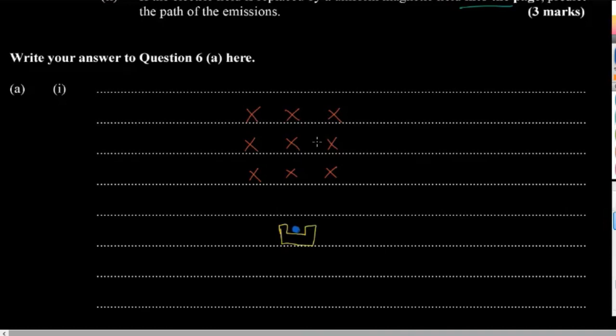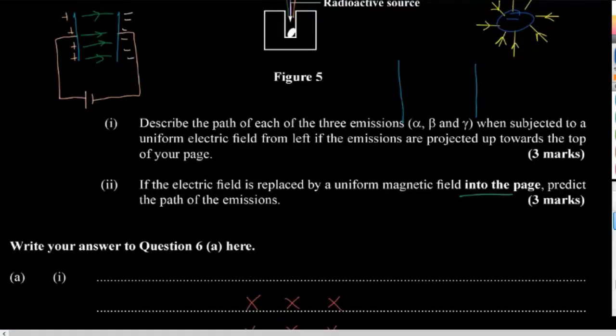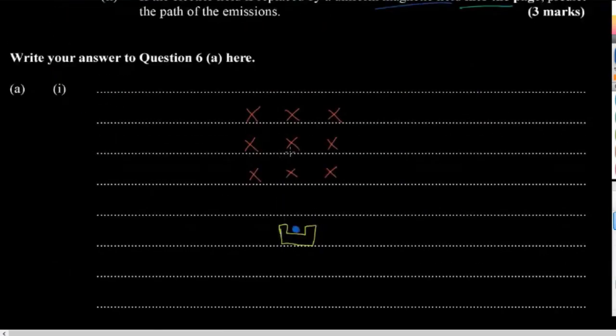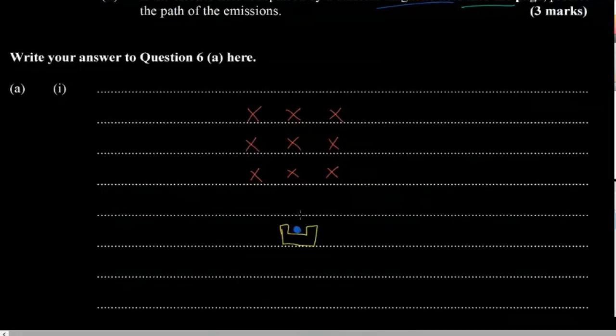A magnetic field. Yes, magnetic field. So they said that we're doing that: if the electric field is replaced by uniform, okay, I missed that part. Sorry. So we have the magnetic field going into the page, and we have charged particles entering this magnetic field.